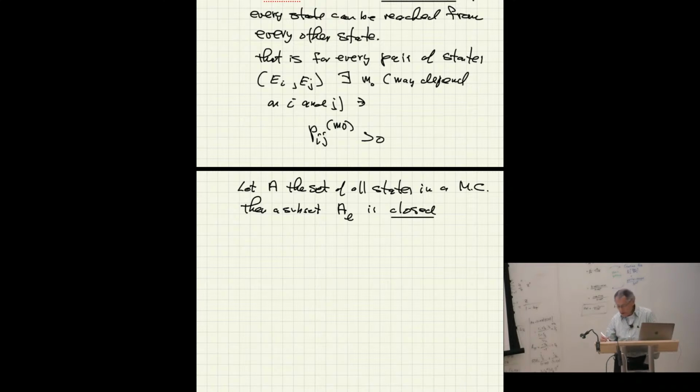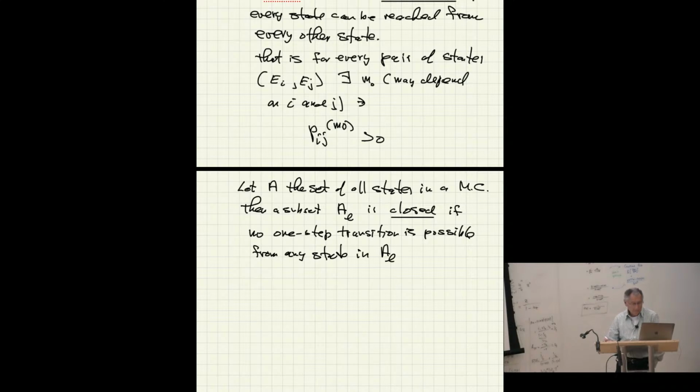If no one-step transition is possible from any state in that group, from any state in A_L, to any state in the complement of A_L, and I'm going to write that as A_L super C for complement.